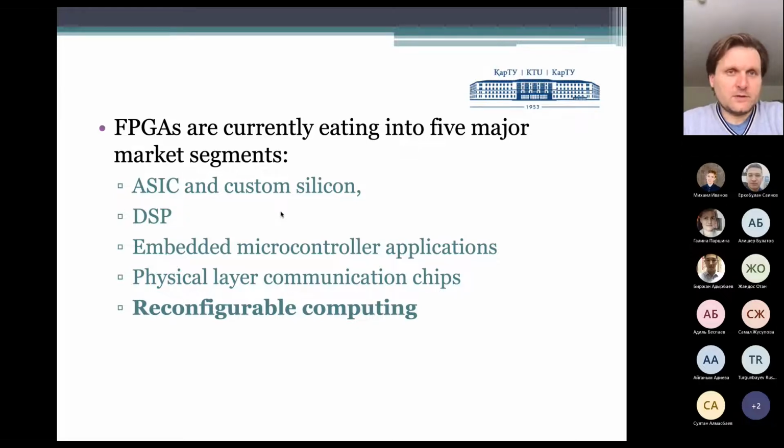Next market segment, embedded microcontroller applications. Let's assume we would like to design a controller for a children's toy. For example, a trumpet, for example, the bear which is dancing. So we may use as small as possible an integrated circuit with few inputs, with few outputs.